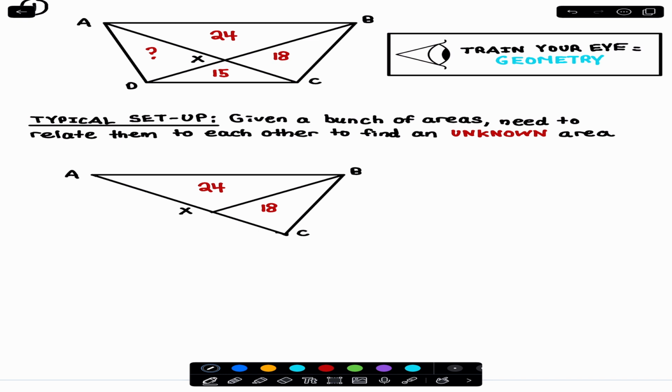The next thing I want us to do is to introduce an altitude. So right now there is no altitude. We need to bring it. So where can we drop an altitude from? There's not really many options. The best is from here. This is the best choice. From point B.